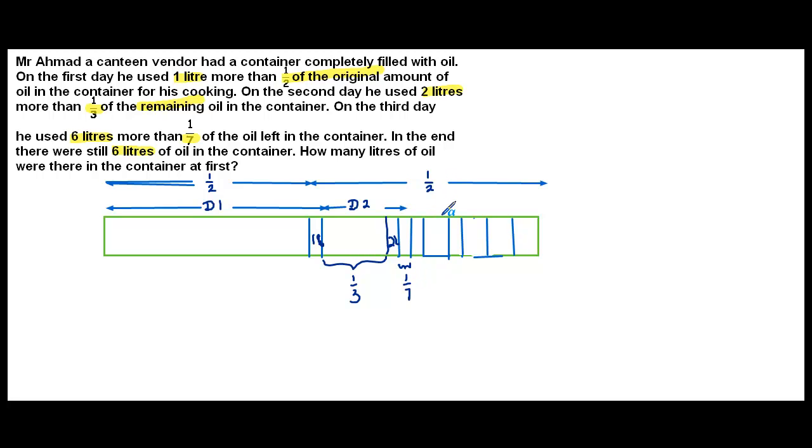And we are told that he also used 6 liters more than 1/7. So this would be 6 liters. We are also told that in the end there was still 6 liters of oil in the container. So the remaining portion here would be 6 liters also.